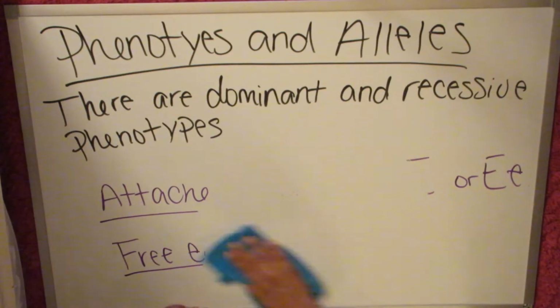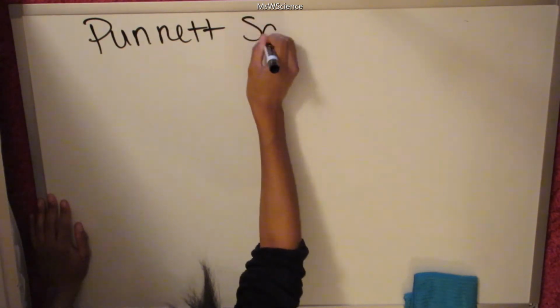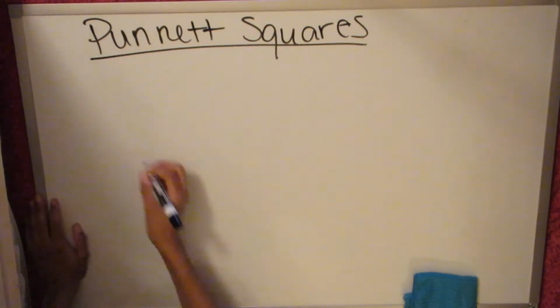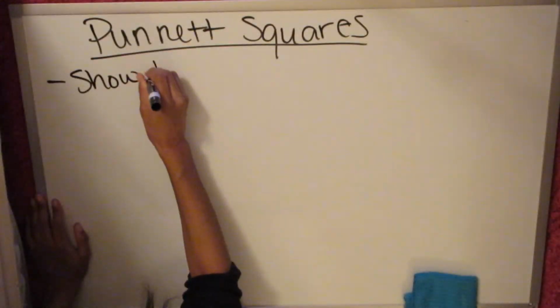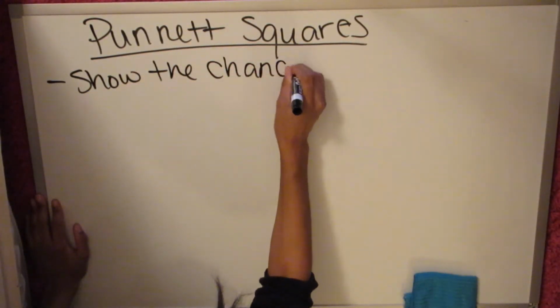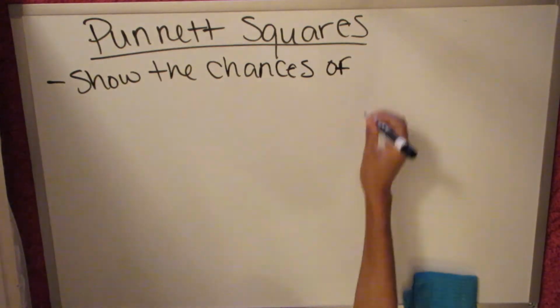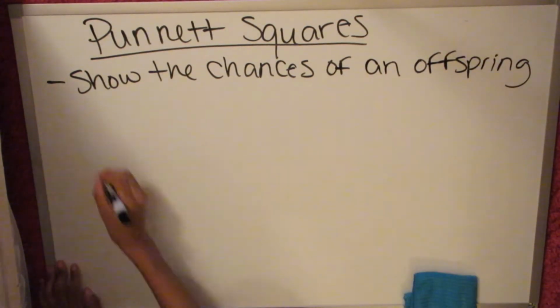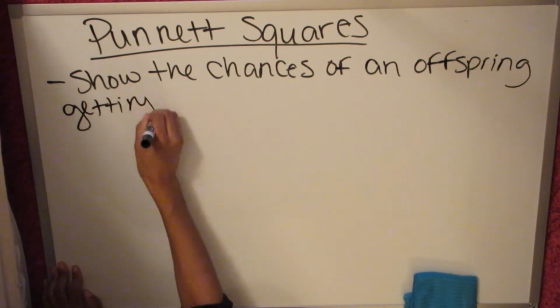So let's look at what actually constructing a Punnett square is about. Punnett squares show the chances of an offspring getting a specific trait. That's how we can draw it out and see it and go, oh, what are the chances that this offspring will have this trait?